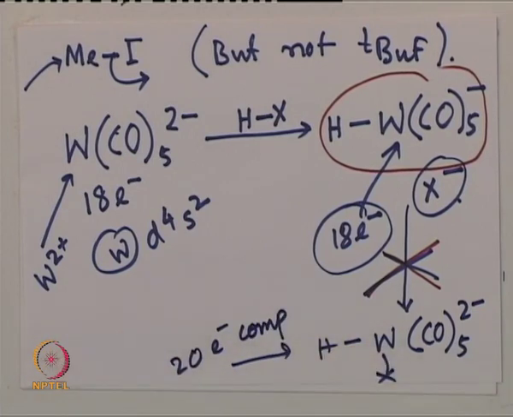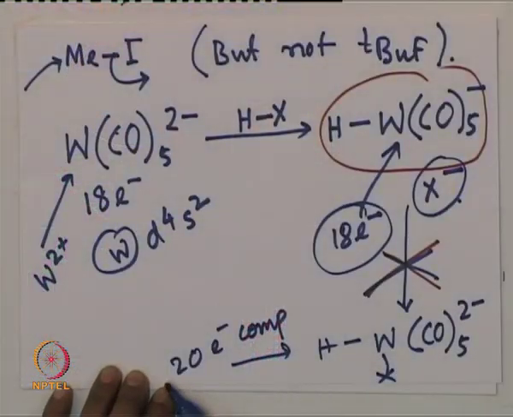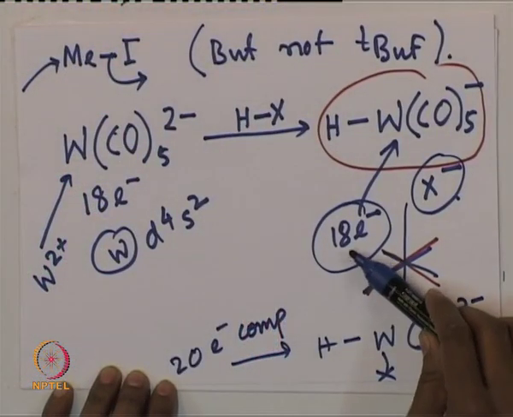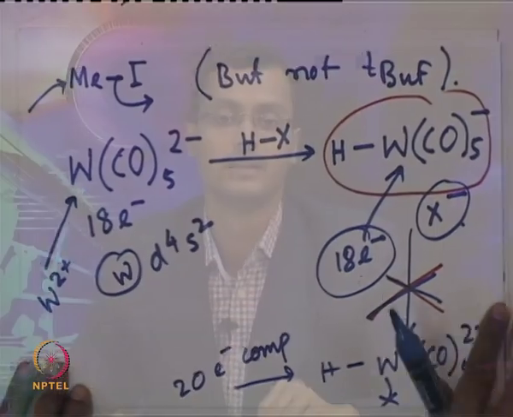So for the tungsten pentacarbonyl dianionic species, upon oxidative addition of HX, we will overall see a protonation of the pentacarbonyl species to give HW(CO)5 minus; the X minus will not combine with the tungsten. Therefore, we will not get the 20 electron complex, finally we will get the 18 electron complex.